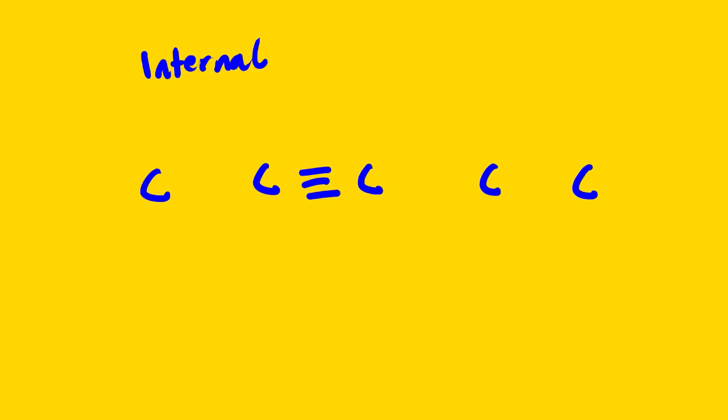And then under internal alkynes, we have symmetric and asymmetric internal alkynes. Suppose we have this type of an alkyne. We do agree that this is an internal alkyne.